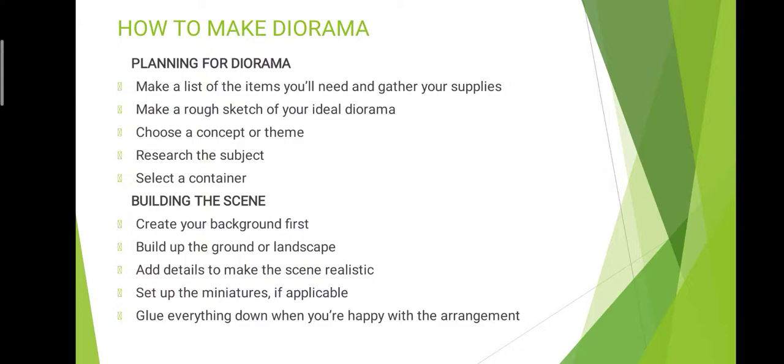So if you're building a diorama, you must start first with the background. You can build a landscape or anything you want. You can add details to make your diorama more realistic. And if you're happy with the arrangement, then that's it.